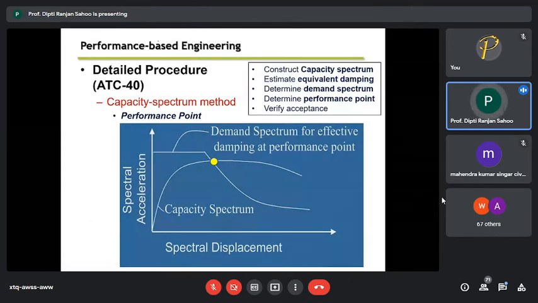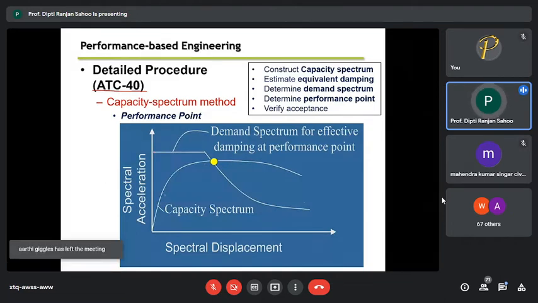The other one is the capacity spectrum method. This is another method for performance based design where you superimpose the input hazard curve with your capacity curve. Again, the capacity curve you get from the pushover analysis, and then superimpose it with your design response spectrum curve.